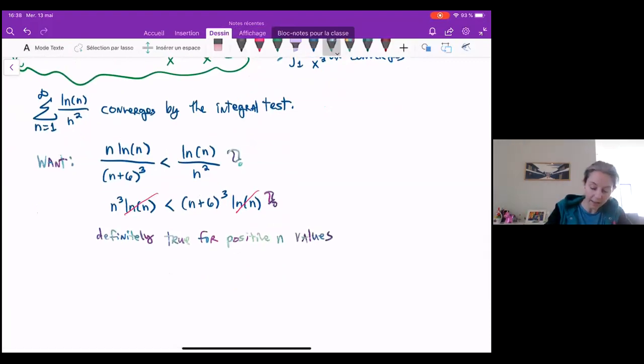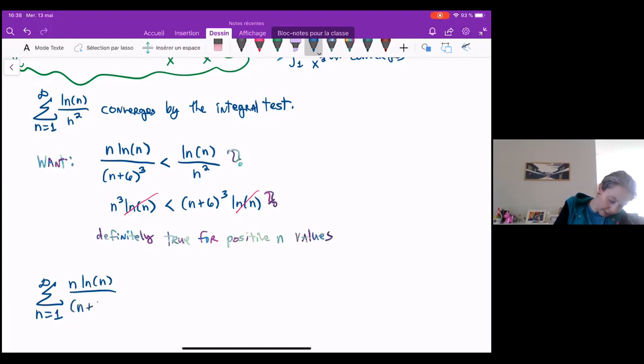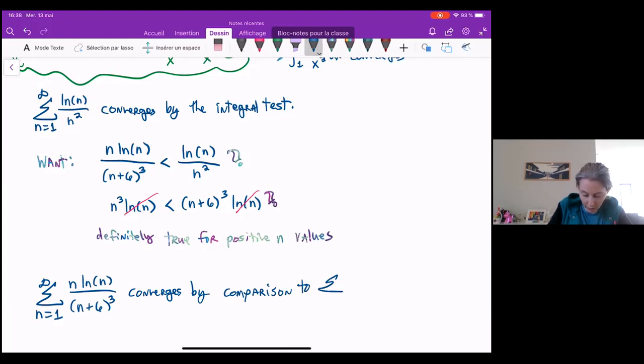Now I can say then that the sum n equals 1 to infinity of n ln n over n plus 6 cubed converges by comparison to the sum n equals 1 to infinity of ln n over n squared, which converges by the integral test.